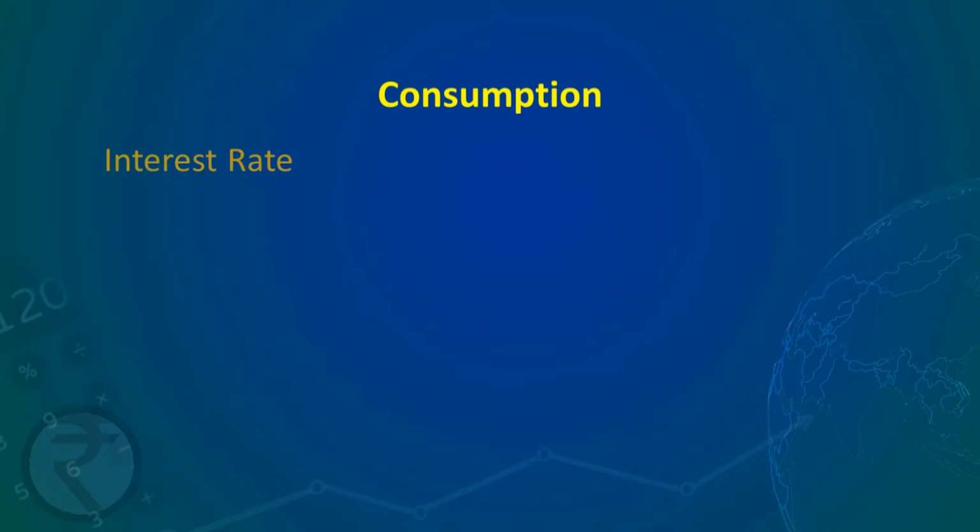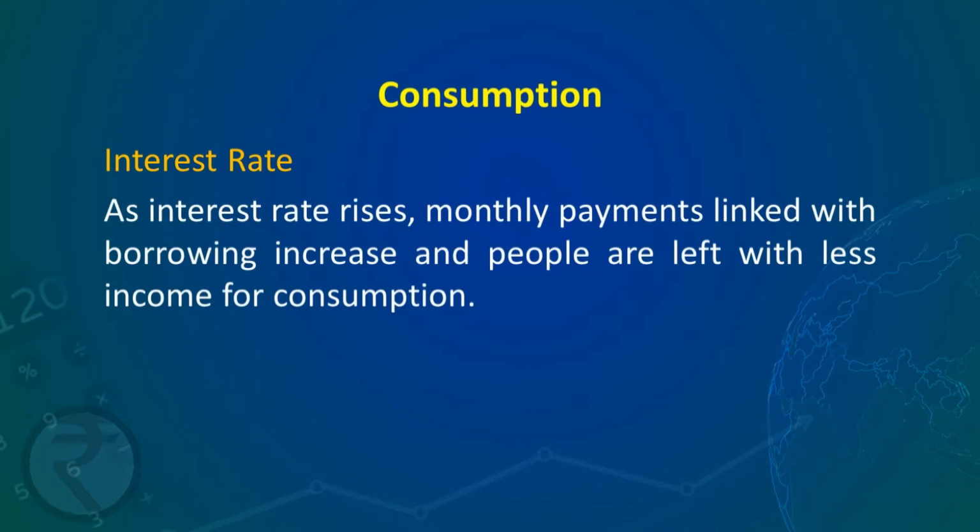Then interest rate also affects the consumption. As interest rate rises, monthly payments linked with the borrowing increase and people are left with less income for consumption. You must have seen that people buy many durable goods by borrowing from the banks.